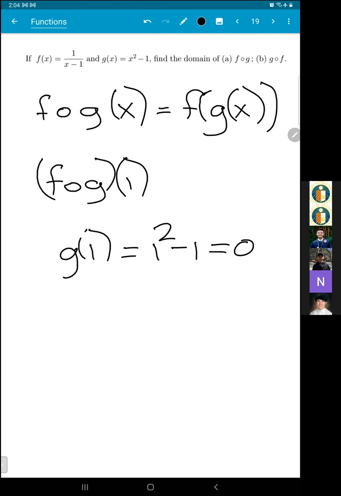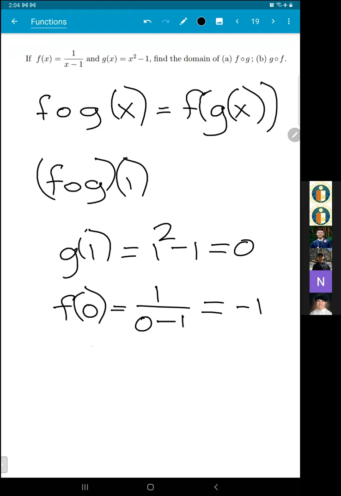And then the value of g of 1 is plugged into the other function f given by this formula. So that would be f of 0 equals 1 over 0 minus 1, or negative 1.